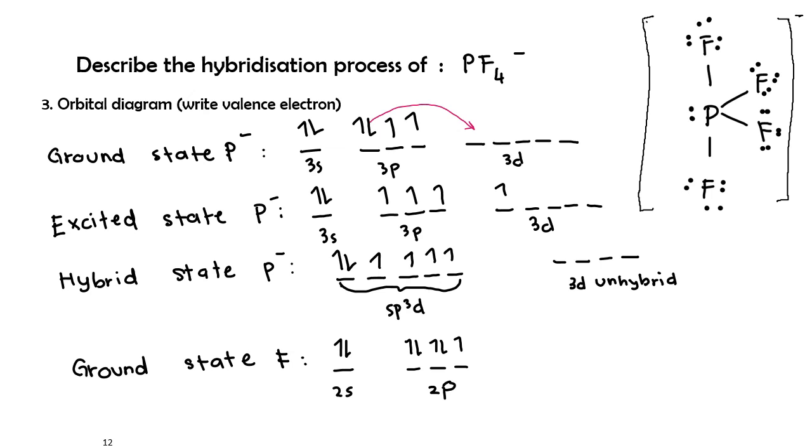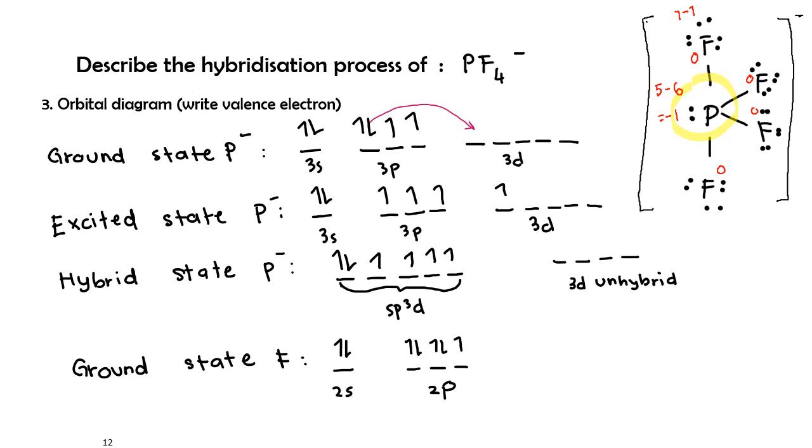So for fluorine, all of them have zero formal charge because 7 valence electrons for fluorine minus 7 electrons around the fluorine atom, so you will get 0 for each fluorine atom. For phosphorus, the valence electron 5 minus 6 electrons around phosphorus, you will get negative 1. So the negative formal charge belongs to phosphorus.